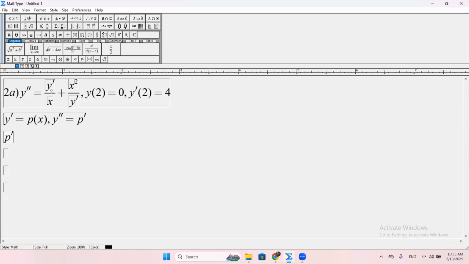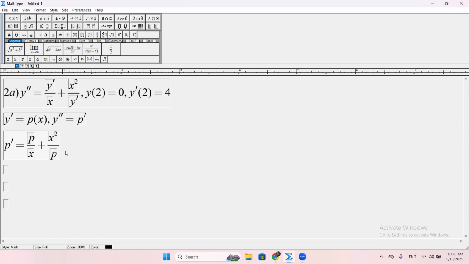So p prime will be equal to the following. Now doing the substitution, p over x plus x square over p. So we received the following equation.